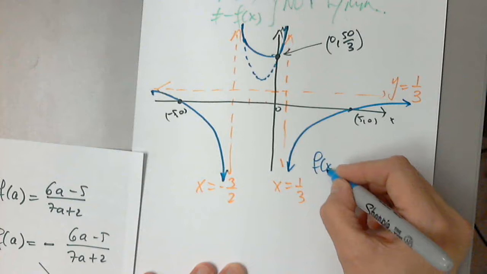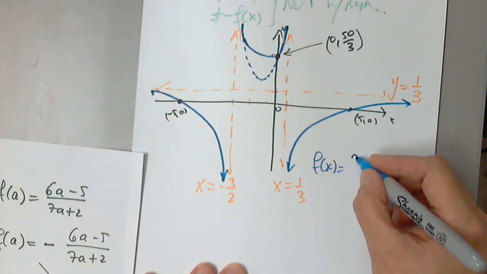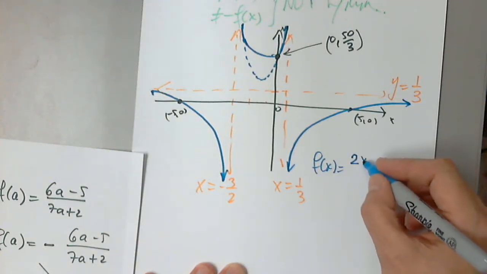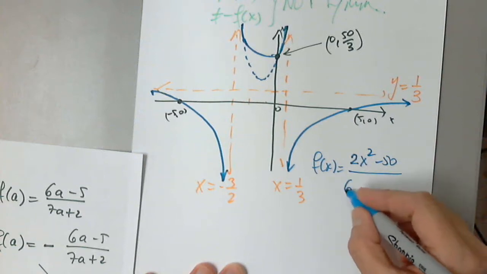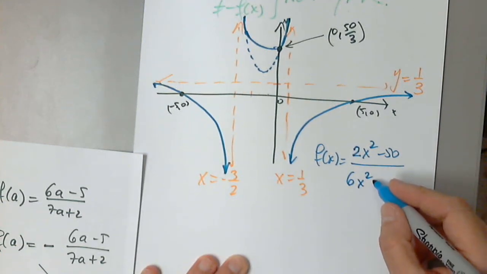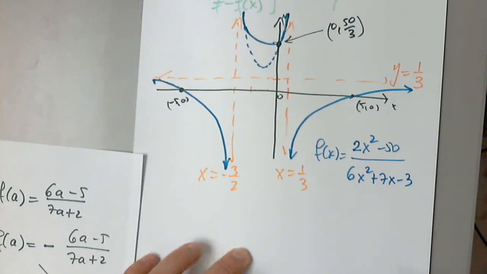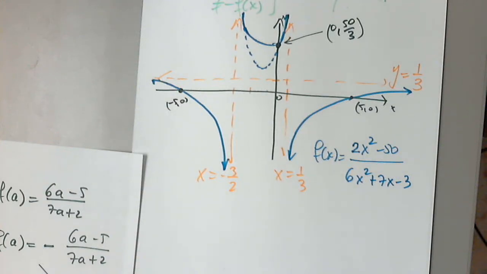So this is the function. What was it? 2x squared minus 50 over 6x squared plus 7x minus 3. Yes, we should look at the graphing calculator because we need to determine that minimum. So let's take a look and just do that. In y equals, clear if you have anything.